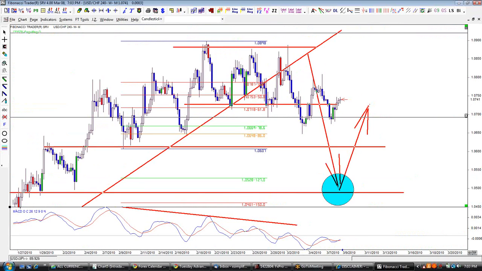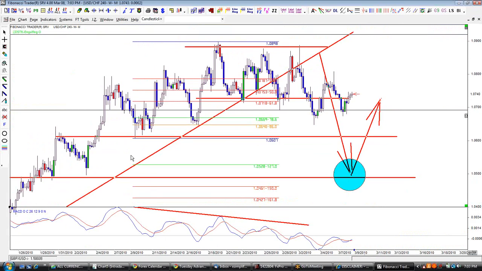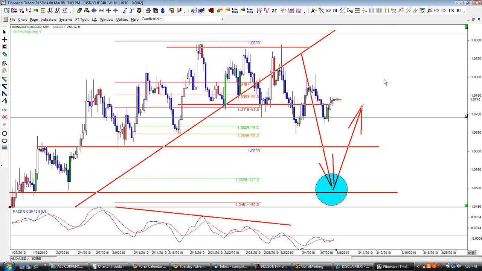This is Swiss franc dollar 4-hour chart. Very strong bearish MACD divergence.